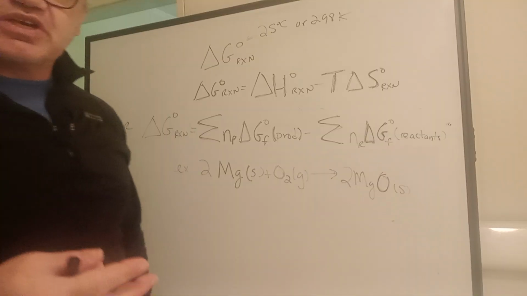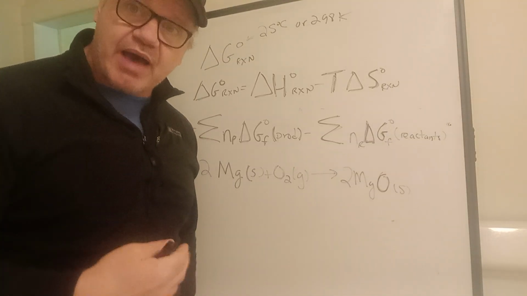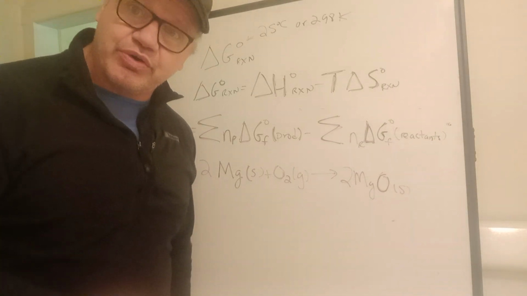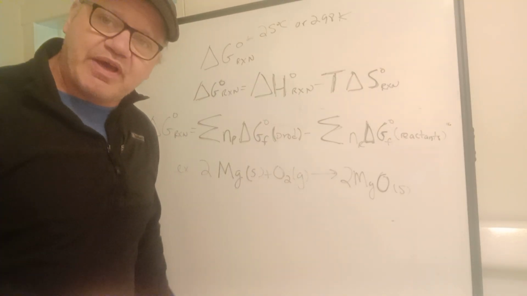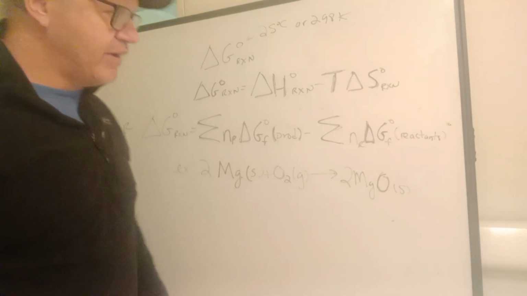There's two ways of doing this calculation, and I'm going to tell you the way that's easier, because the table I will give you, and anybody reasonable would give you that table, is tabulated data.